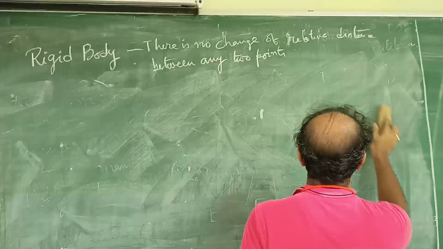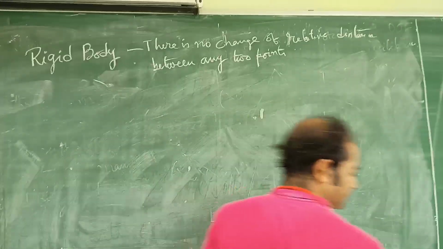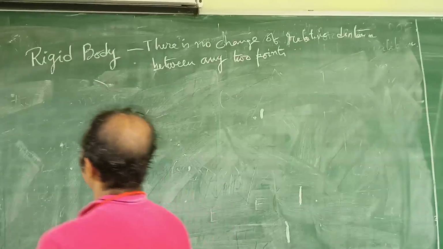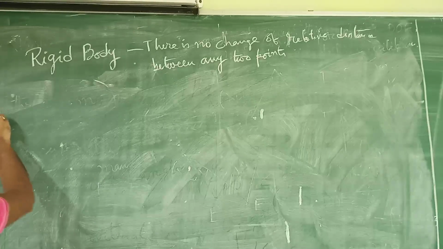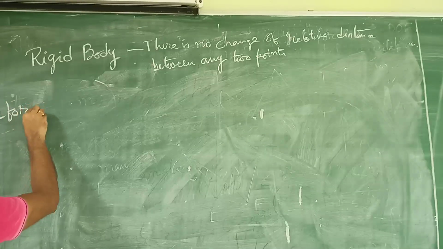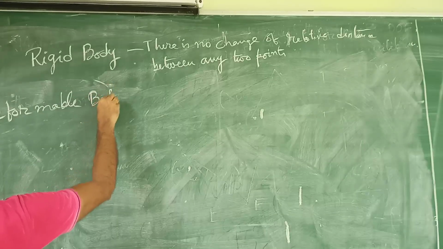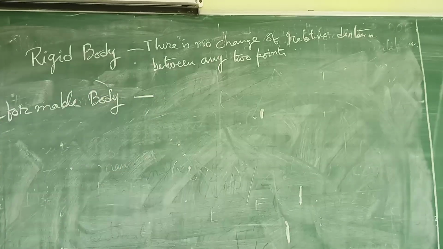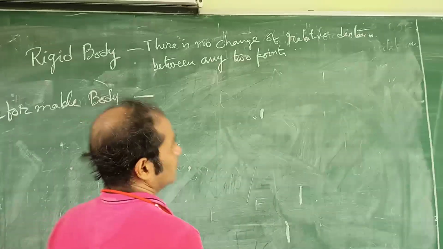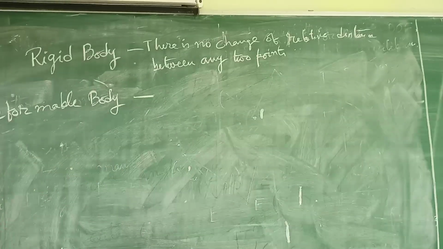So a deformable body will be having n number of points. Over here, the distance is not fixed.